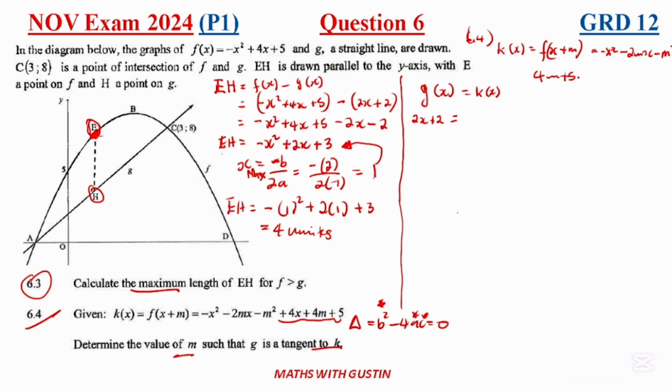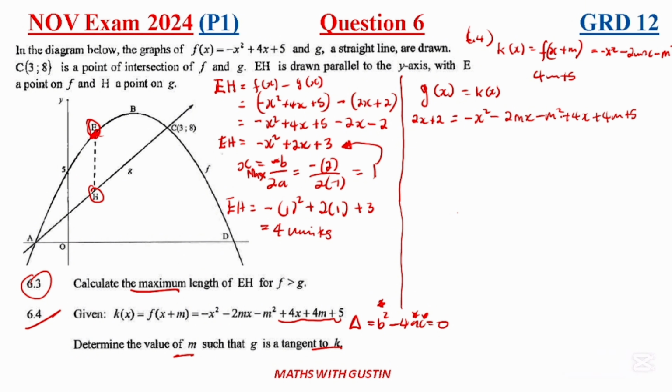It should be equal to k of x, which is this one here. So we're just going to write k of x here: minus x squared minus 2mx minus m squared plus 4x plus 4m plus 5.